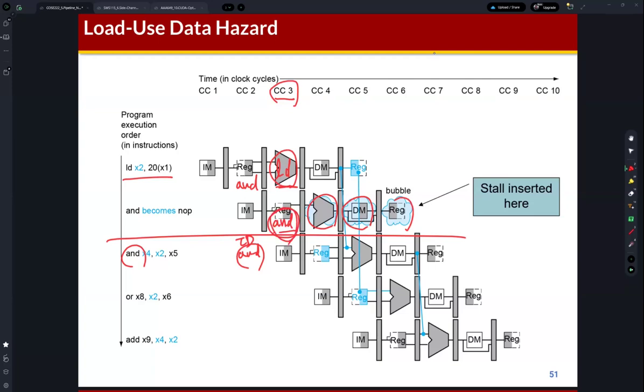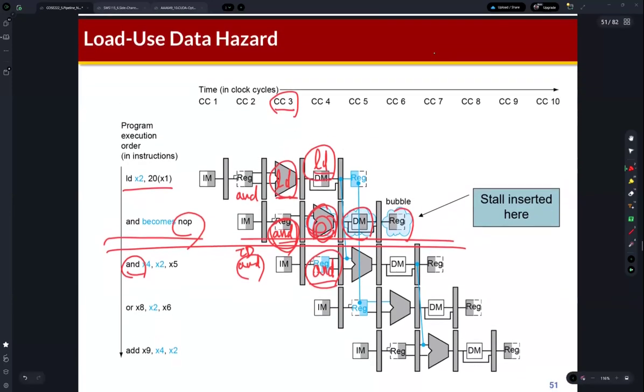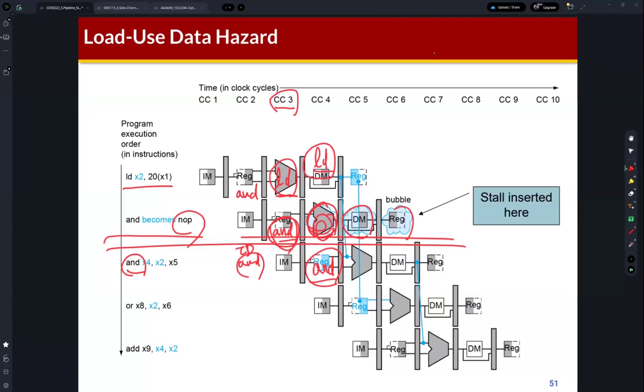And when the load instruction is in the memory stage, you can find the bubble here, and the end instruction still stays in this ID stage. So it is equivalent to a nop. A nop instruction is inserted to avoid the load use data hazard, just to show the timing of this pipelining operation.